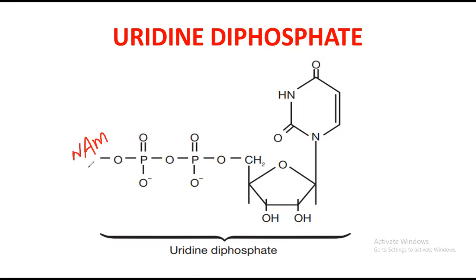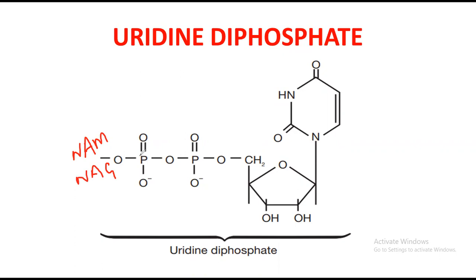And N-acetylglucosamine is also bound to it. It also shows the pathway to N-acetylglucosamine, but keep this in mind, they cannot bind to each other. They have to bind to uridine diphosphate separately, meaning that a single uridine diphosphate will bind to a single N-acetylmuramic acid or N-acetylglucosamine.